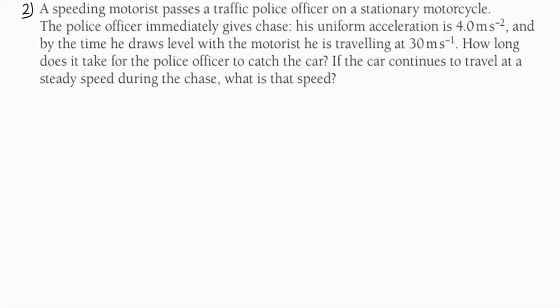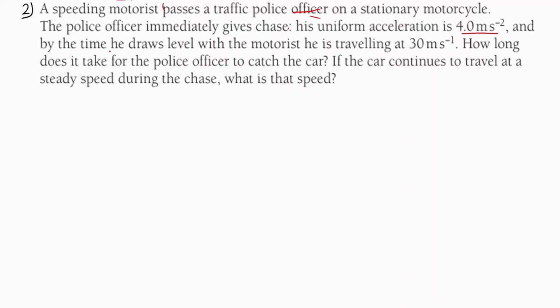Question number two says a speeding motorist passes a traffic police officer on a stationary motorcycle. The police officer immediately gives chase. His uniform acceleration is 4 meter per second square.